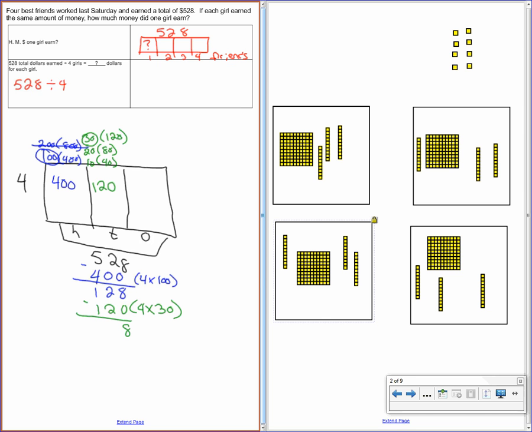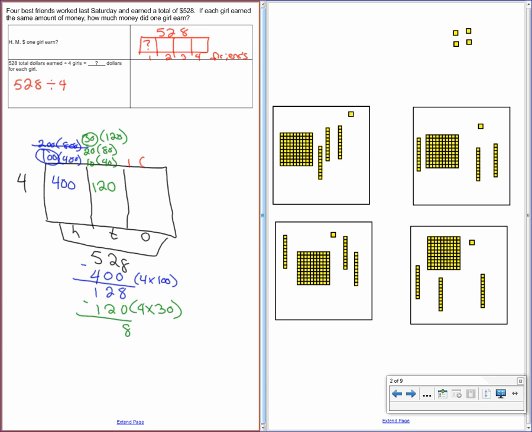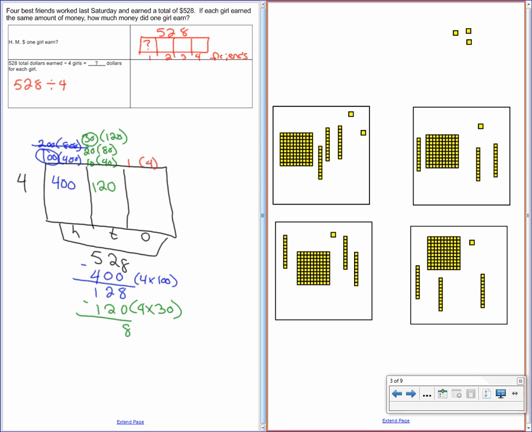And look, I have 8 ones. So if I give each group 1, we'll use red. If I give each group 1, that's worth 4. Let's see if I do 2 ones.